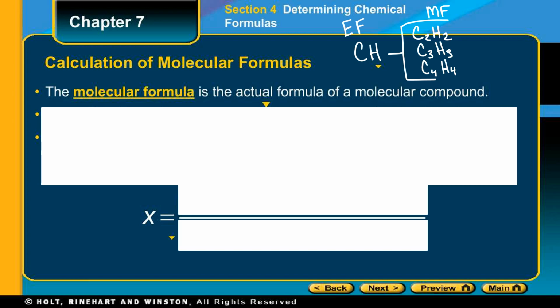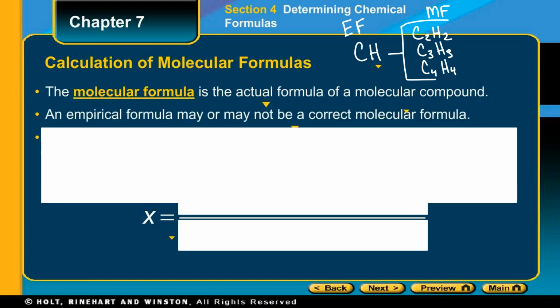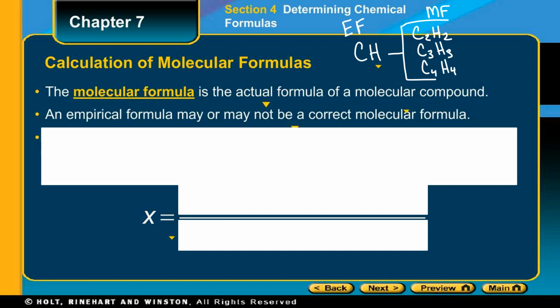So we may get an empirical formula that ends up being correct. We may end up getting an empirical formula that ends up being the molecular formula, but that's not always going to be the case.